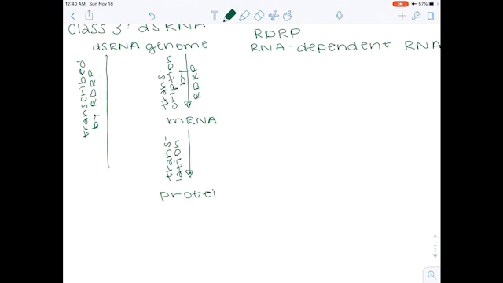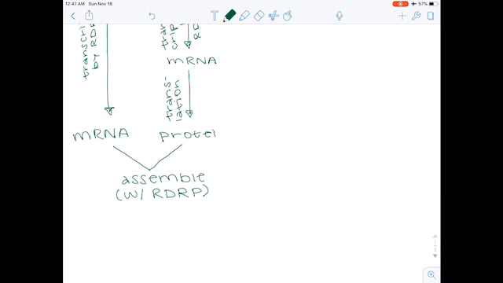Alright, and so it's a little easier to see. I'm just going to go ahead and make this one a little longer so that we have it all on the same plane. And then these put together, we are going to assemble. And the last step is using RDRP here.